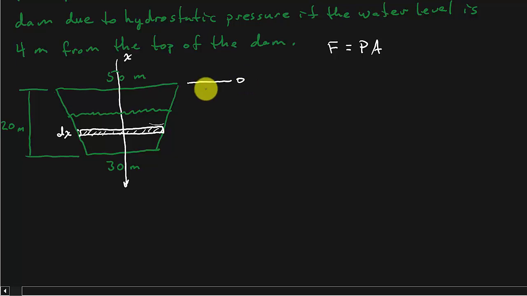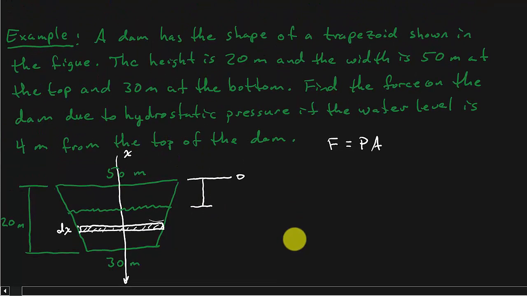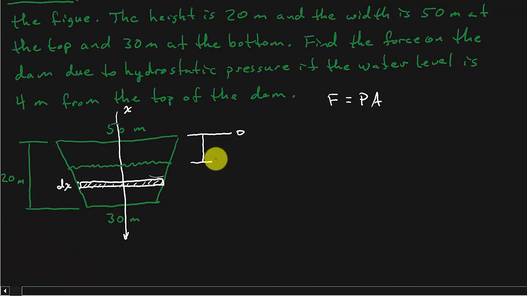All right, so let's look at this right here. So I'm going to call this 0, and then it tells me that the water, where does it say? It says find the force on the dam due to hydrostatic pressure if the water level is 4 meters from the top of the dam. So that means it's down here 4 meters. And we'll say the strip is right here, okay?